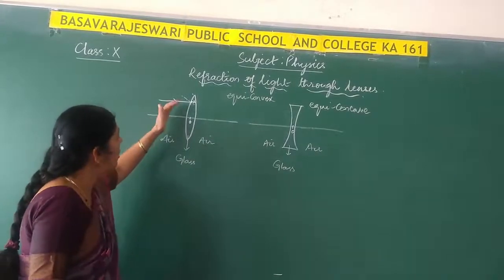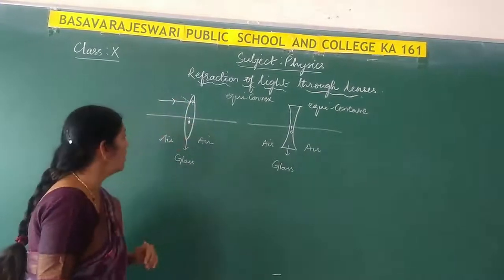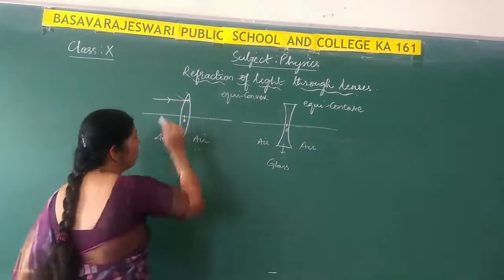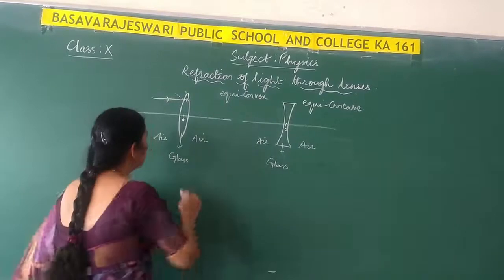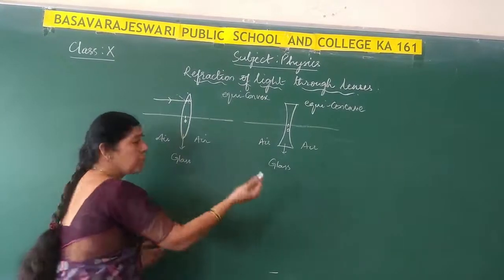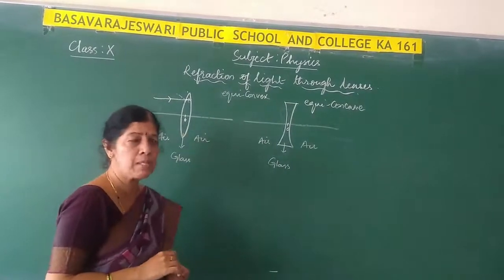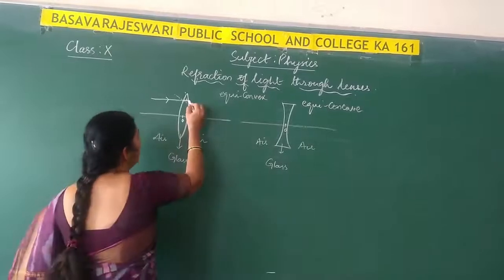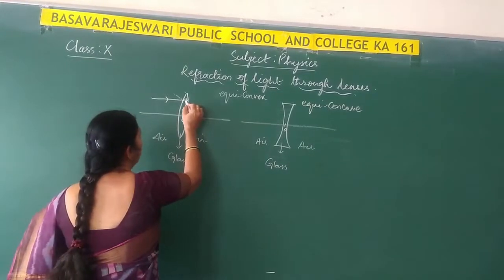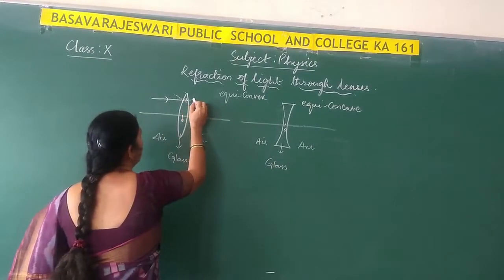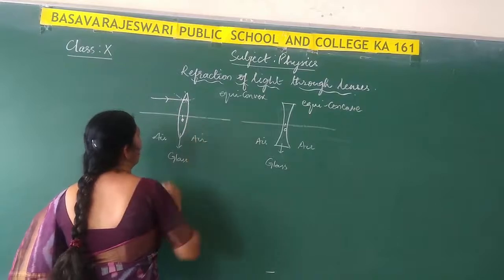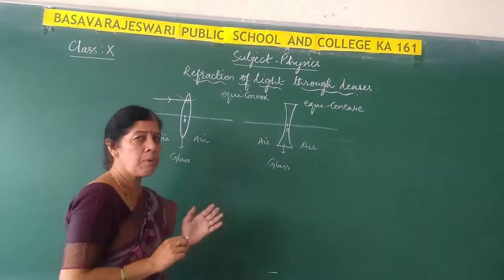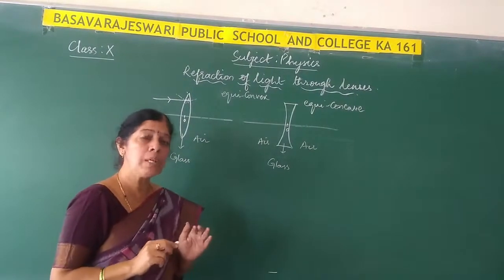Now again, after the light travels through the convex lens, again it is incident on the second refracting surface. Now the light ray is traveling from glass to air, that is from denser to rarer medium. Again here you should draw normal. At this surface draw normal, and when the light ray travels from denser to rarer medium, how does it bend?